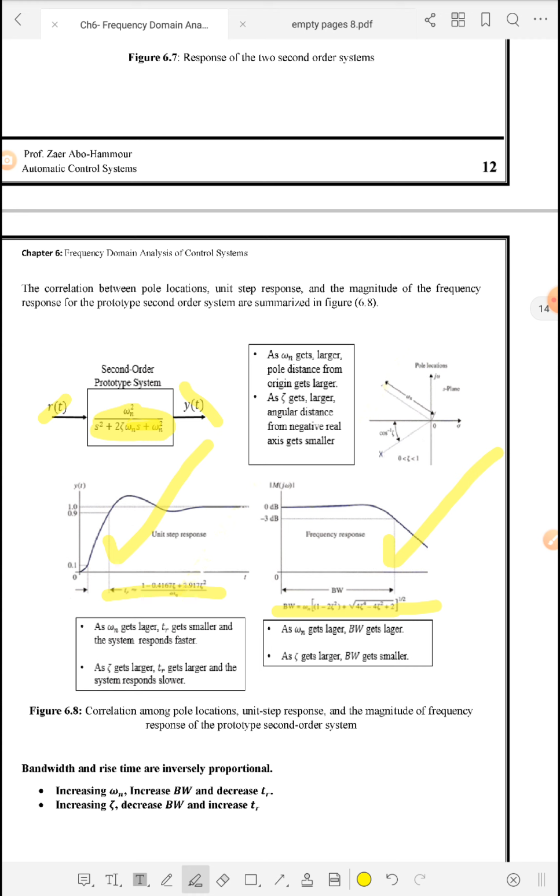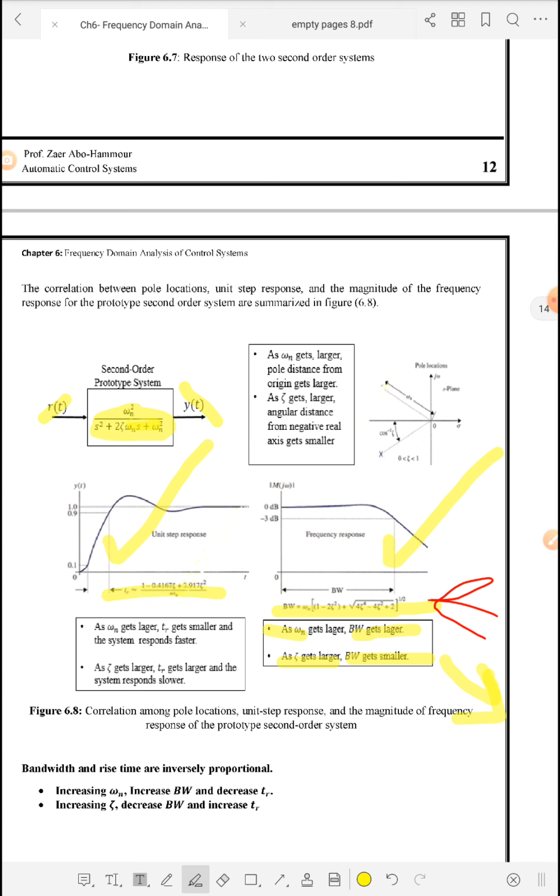So we have taken in the previous lecture, and here also in this equation, we know that bandwidth is directly proportional to omega n. While from the previous figures which we discussed in the previous lecture, bandwidth is inversely proportional to zeta. Okay, we have discussed this point in one of the figures in the previous lecture.